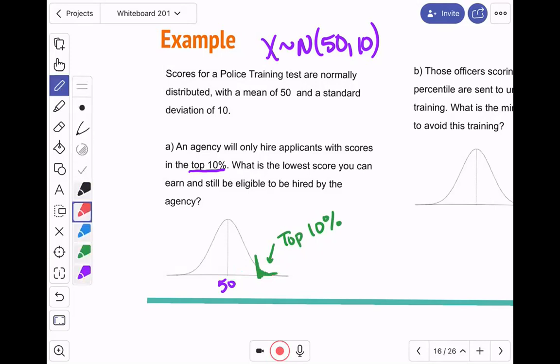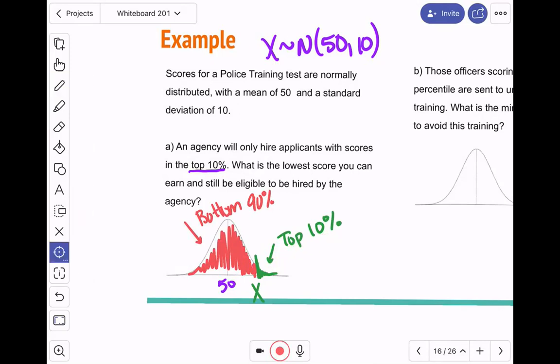It just so happens though, we're looking for whatever this X value is right here. Well, the top 10% also corresponds to the left-hand side. How much area is to the left? 90%. This is the bottom 90%. Because I know this is the top 10%, I can find the bottom 90%, and I already know what the percentage is.